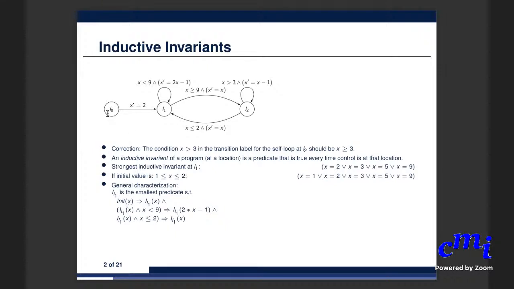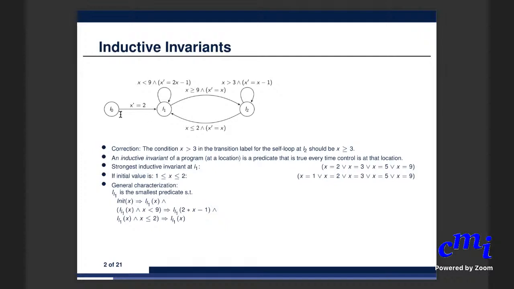Okay, by considering all the incoming arrows to that location, some of which could be looping arrows, and that's why in this case, if you take X prime 2, that is the first time you get to that location.